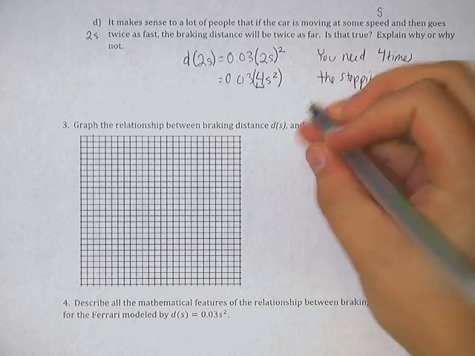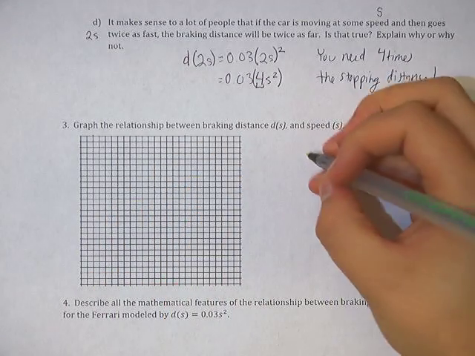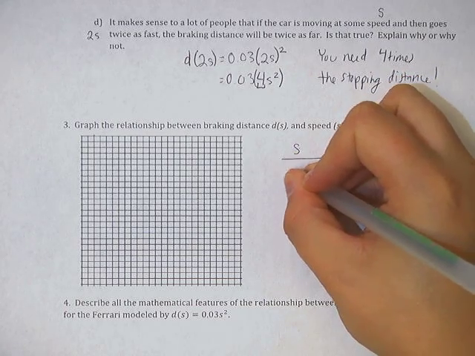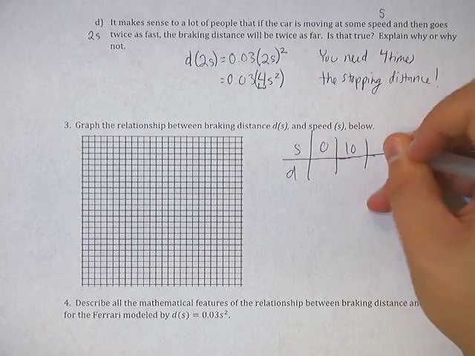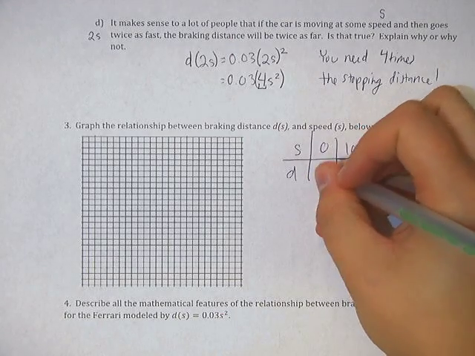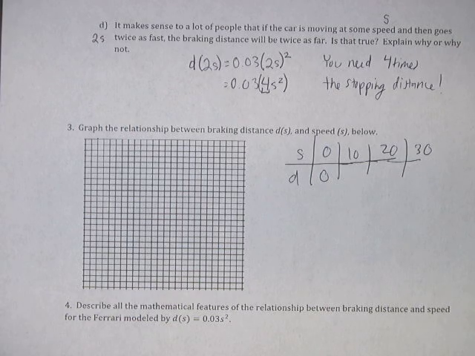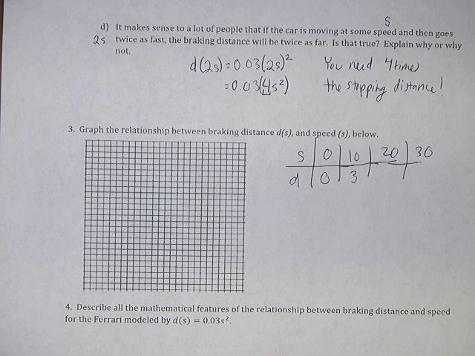So now what we're going to do is we are going to graph this sucker. So we have, let's put a couple of points in here. If we do it by tens, it would probably be easier. So speed, distance, 0, 10, 20, we'll go up to 30. So if you're not going any speed, it's going to be 0 distance.